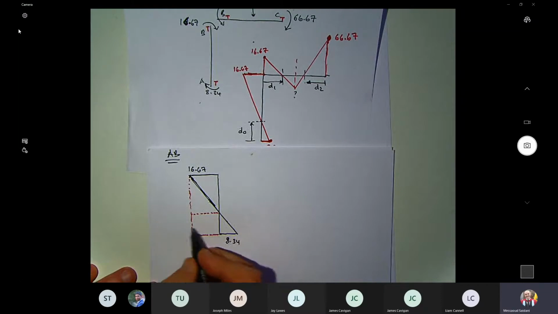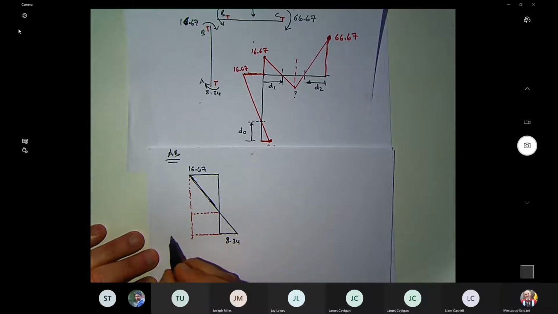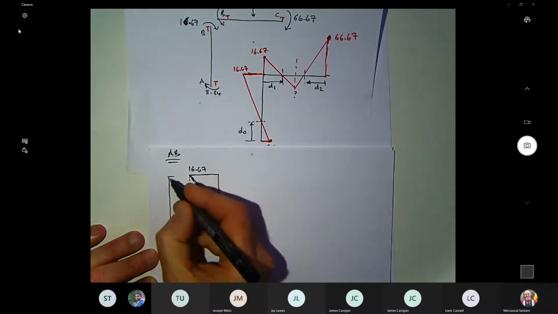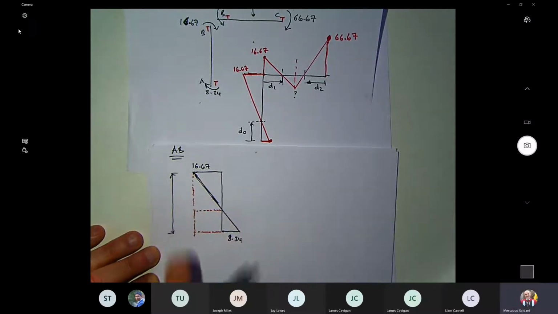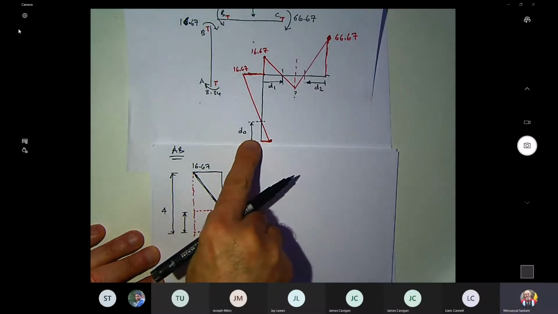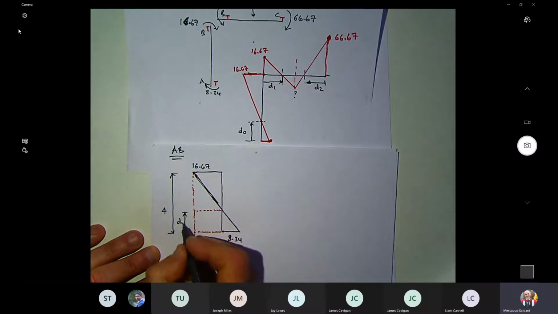So this is D1 if you want, and this is D0 here. What is this length? 4, you agree? What is this length? Yeah, the unknown, we don't know it.